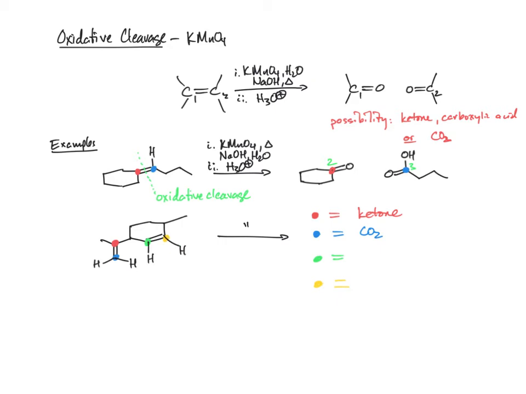So I've written those in to just help. You have hydrogen, carbon. This would end up as an aldehyde, but aldehydes get further oxidized to carboxylic acids. And then the yellow carbon ends up being what?